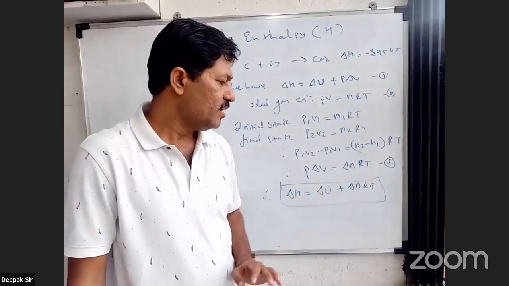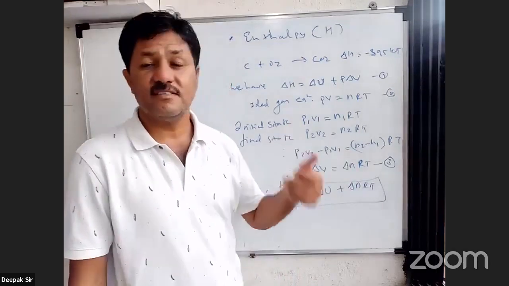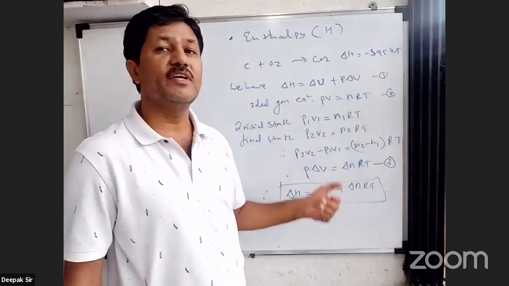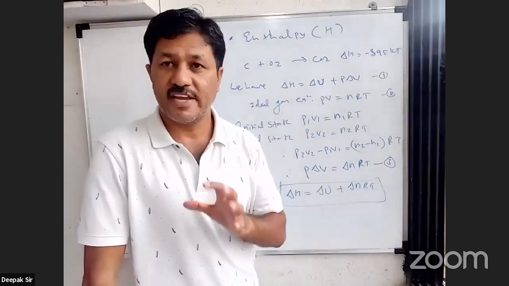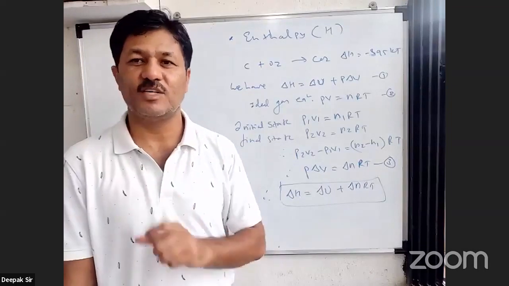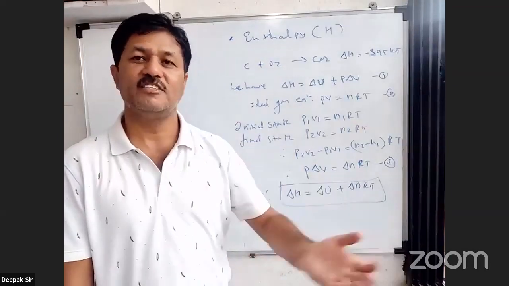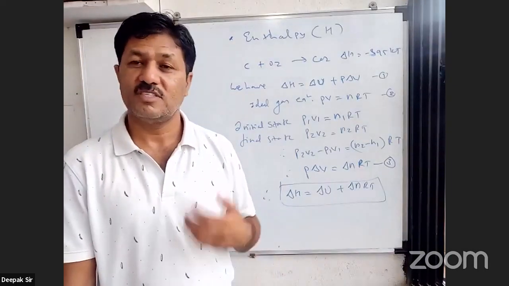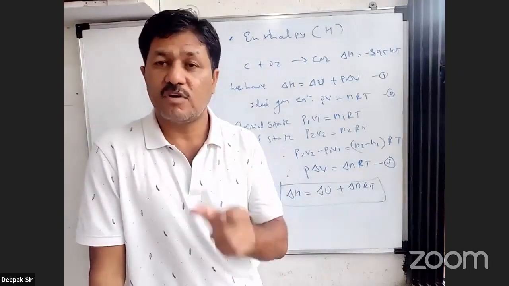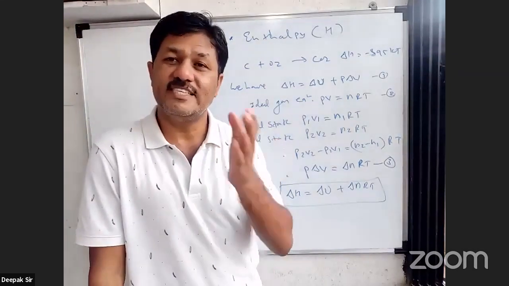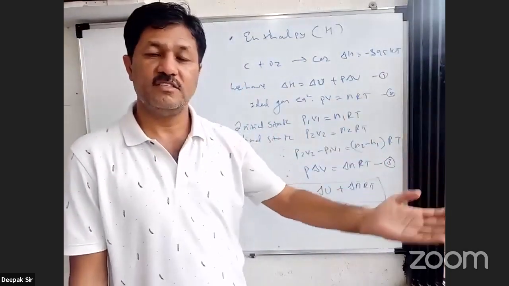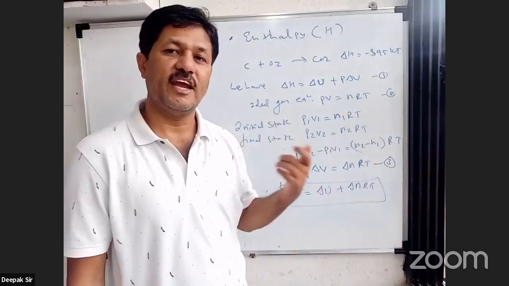अभी देखिए रिएक्शन की जब बात करते हैं तो रिएक्शन के अंदर ये जो डेल्टा n की बात करें, n2 minus n1, n1 किसे कहेंगे, n2 किसे कहेंगे? किसी भी रिएक्शन में नॉर्मली रिएक्टेंट हमारा पहला स्टेट होता है, इनिशियल स्टेट होता है, और प्रोडक्ट हमारा फाइनल स्टेट होता है, सेकंड स्टेट होता है। तो किसी भी रिएक्शन के अंदर number of moles of reactants are always the initial state, that is n1, and number of moles of product is always the final state, that is n2.